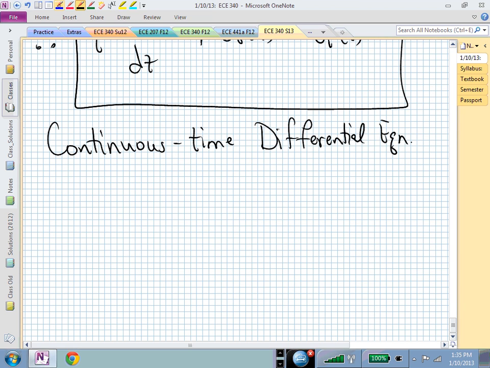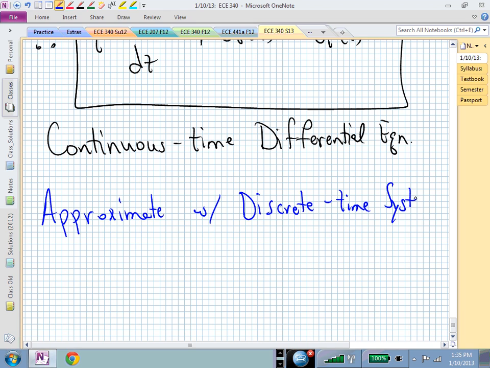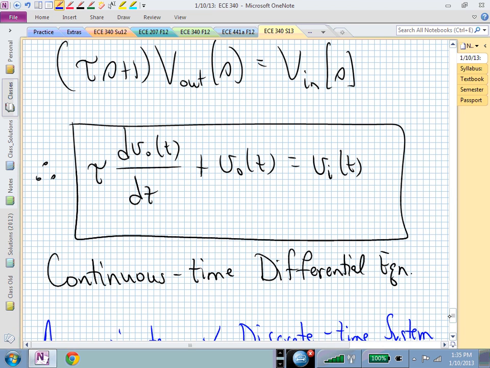So let's now approximate this with a discrete time system. Tau is just a time constant. That's just a scaling. That's just a number. Maybe that's 2 milliseconds, which would be 0.002. That scales this.